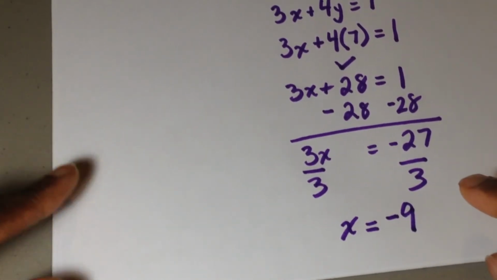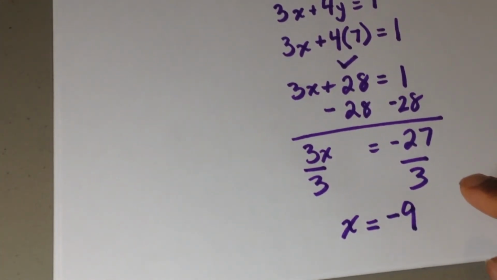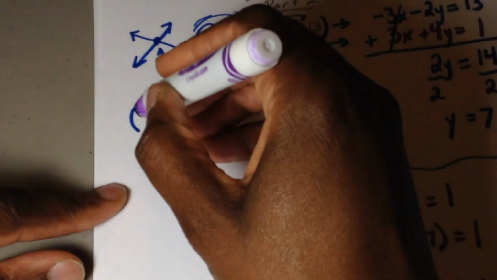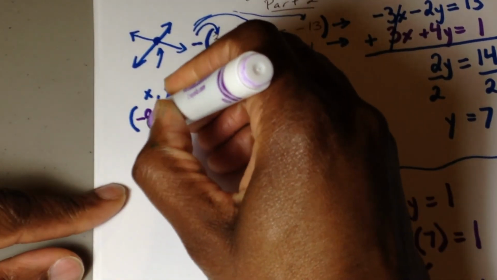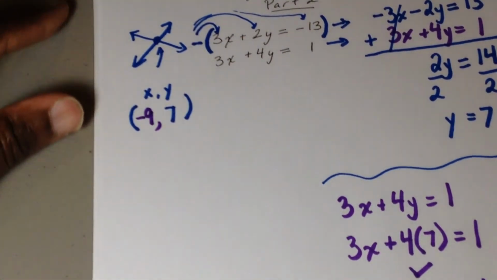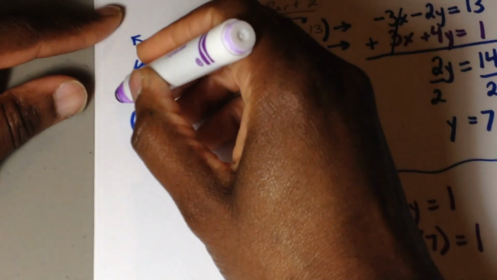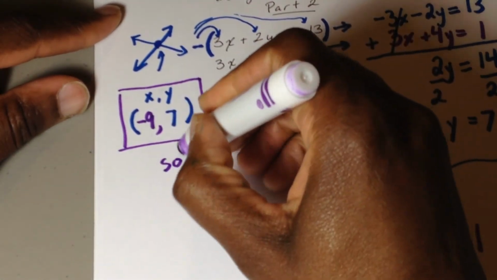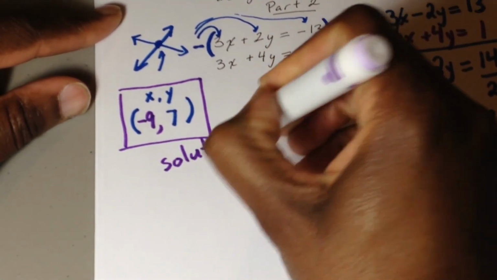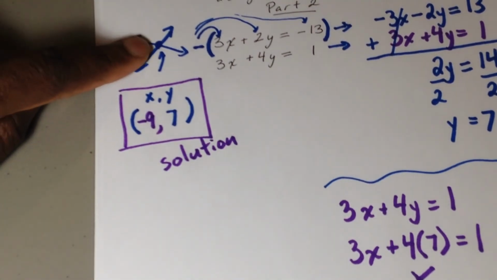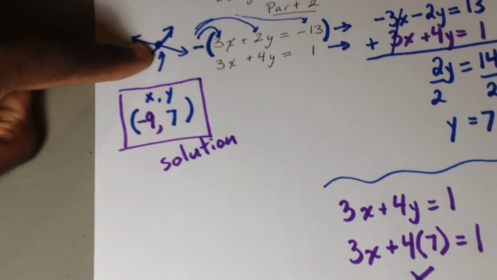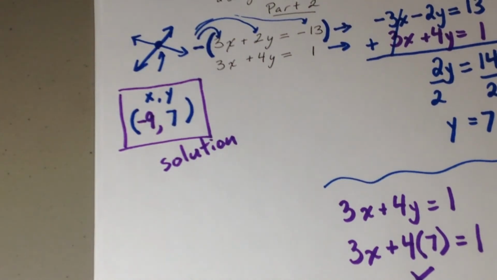So my x value is negative 9. We go back up to my coordinate and I put negative 9 for the x. And there you have it, people. The solution, meaning the point where the two lines intersect, is negative 9, 7.